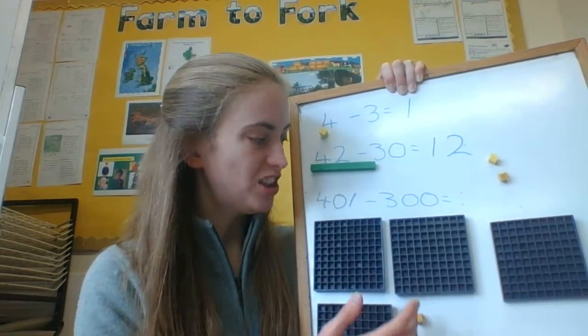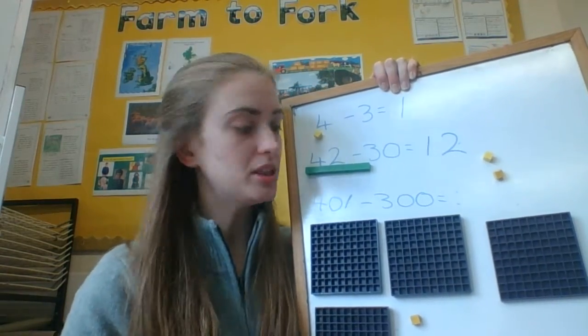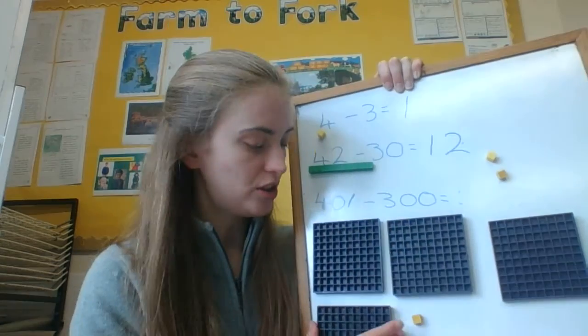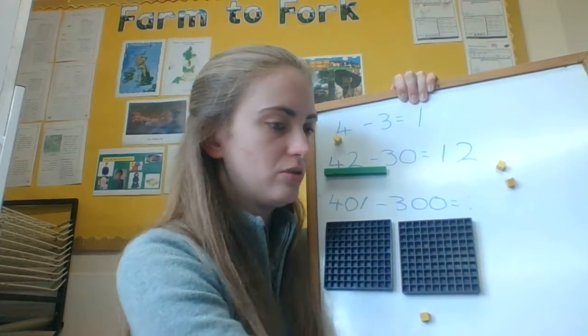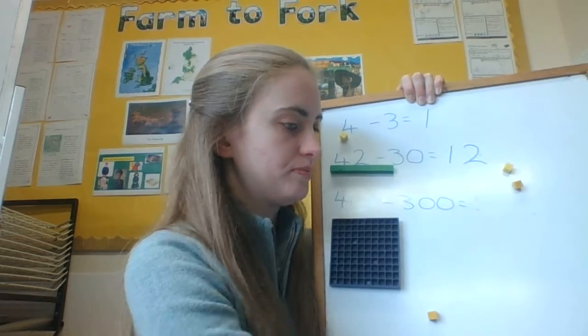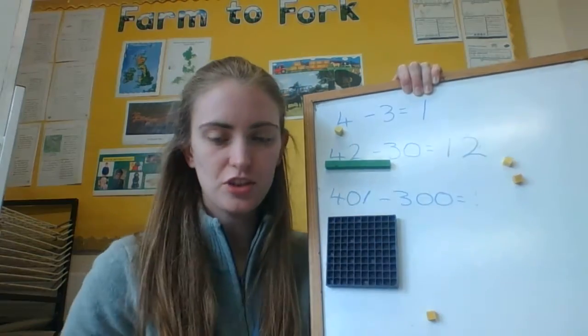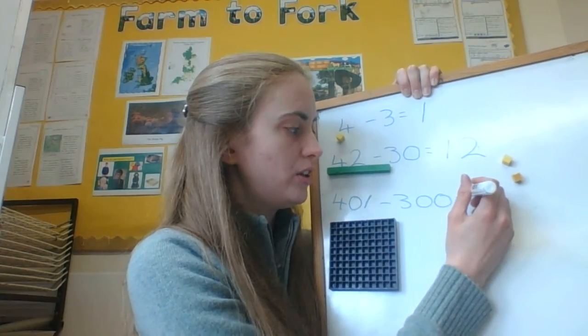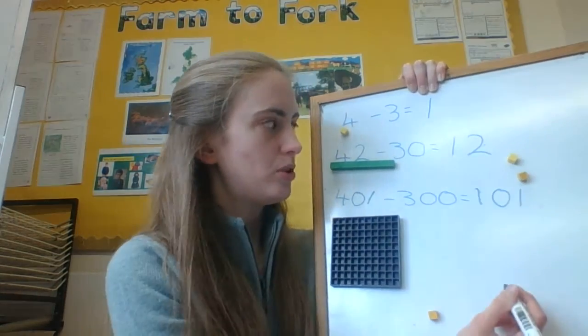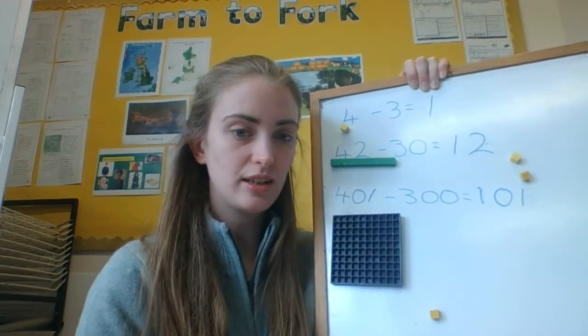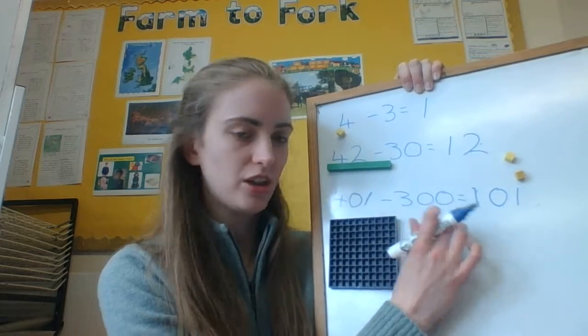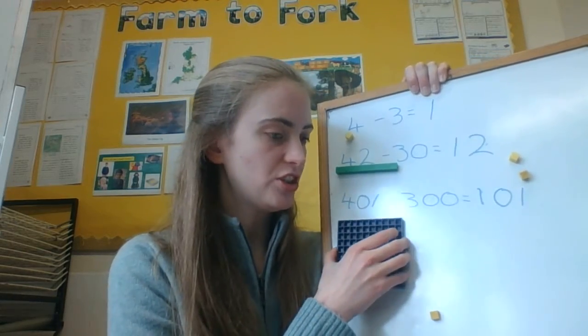Take away 300. I'm not changing the ones or the tens, only the hundreds. So take away my 3 hundreds, 100, and then I've just still got that 1. 101. So that calculation can still help us because it's only the hundreds that we're changing.